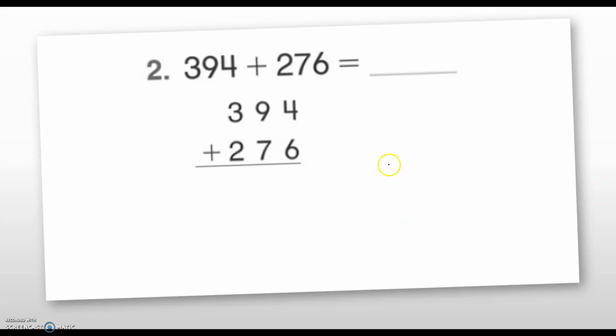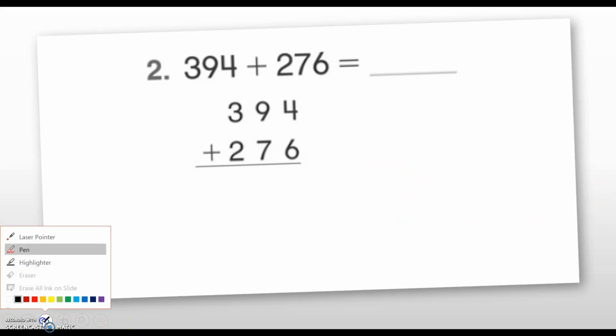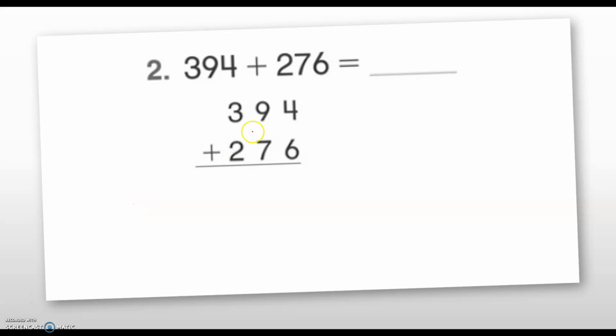Let's try number 2 together. We're going to start by adding our hundreds. 3 plus 2 is 5. So you have 5 hundreds. Now look at your tens. 9 plus 7 is 16.